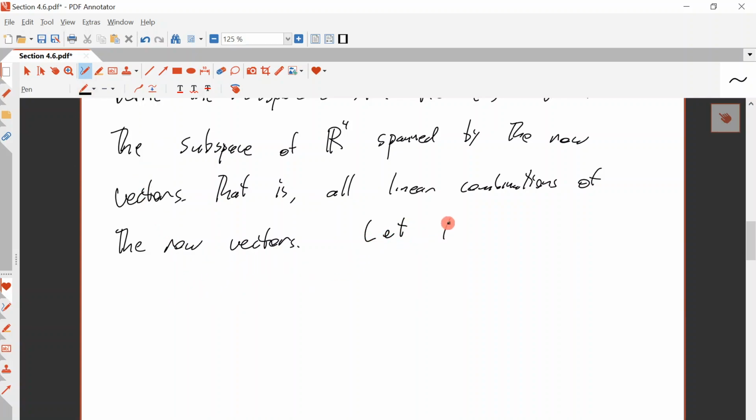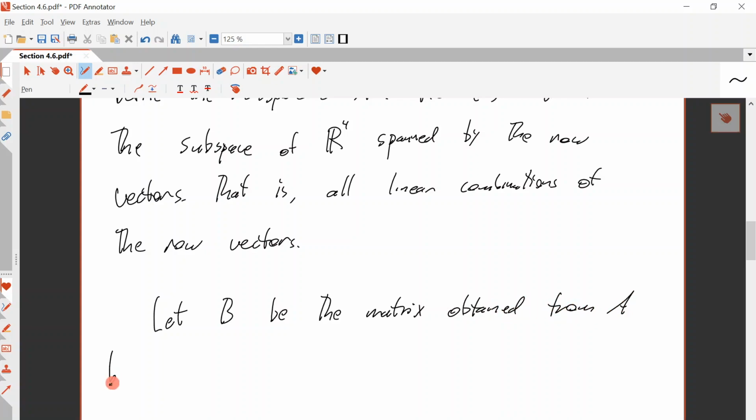Okay, let B be the matrix obtained from A by row reducing to echelon or reduced echelon form.